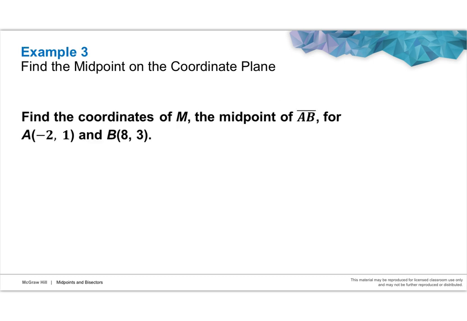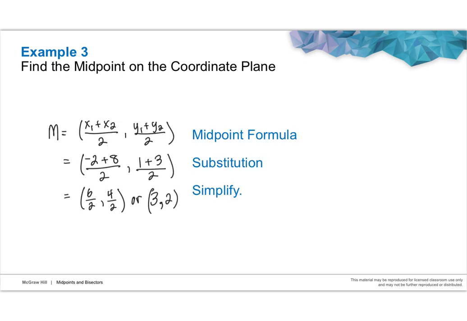So using this formula to find the coordinates in example 3 of the midpoint of segment AB, where we're given A's coordinates are -2, 1, and B's coordinates are 8, comma 3. Our process here is to start by having the midpoint formula written down, remembering that our coordinates were A, -2, comma 1, and B, 8, comma 3.